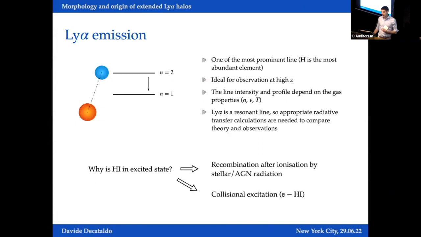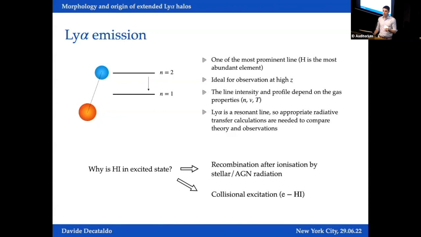The two main mechanisms are, first, recombination following the ionization of hydrogen: in an ionized region, we have recombination into an excited state that can be followed by Lyman alpha emission. Another mechanism is collisional excitation.